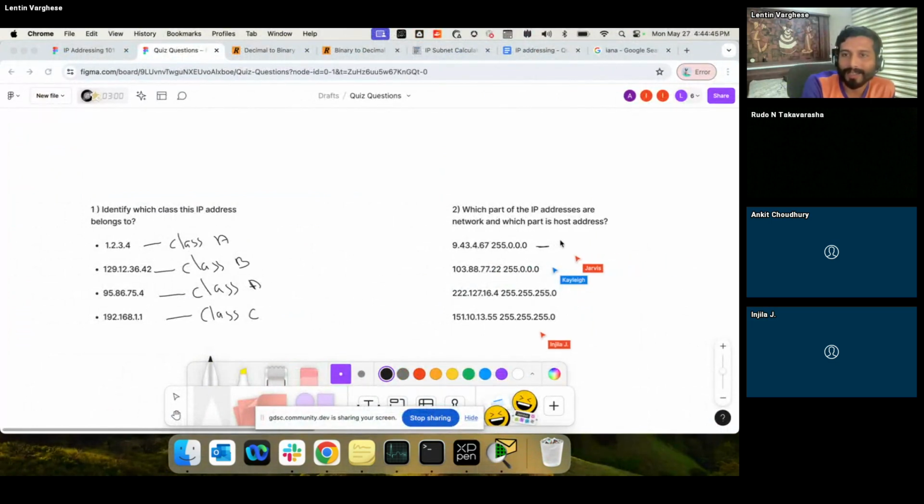Okay, 9. Yeah, exactly. So 9 is the right answer. The first octet is represented by 255, hence the first octet is the network portion. I see 103. That's the right answer again. Nice work, Kylie. The first octet 255 is representing the network portion, hence 103.